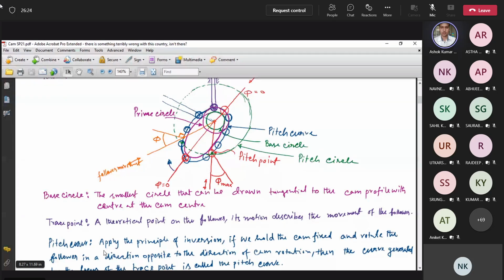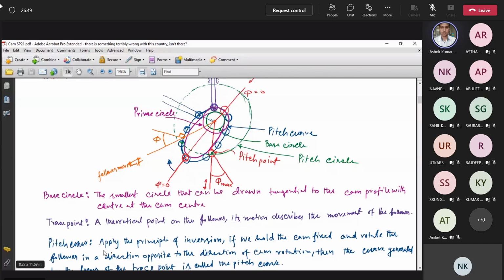What is pitch curve? Here we apply the principle of inversion that we have done for the dimensional synthesis of mechanism. In the principle of inversion, other than rotating the crank, we have rotated any other link.